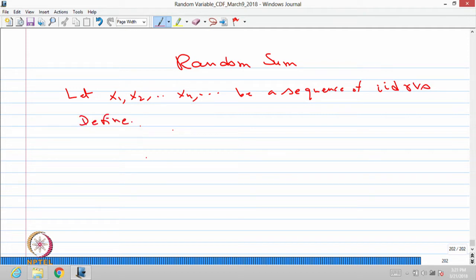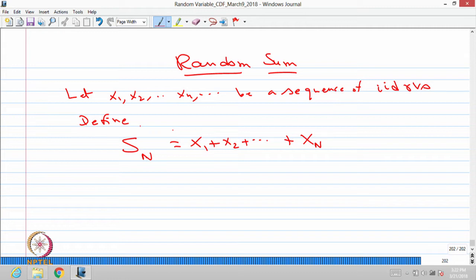Define the new random variable S suffix N, that is nothing but x1 plus x2 and so on plus x suffix capital N. I am going to define the random sum with the sequence of IID random variables, defining a random variable S suffix N as a sum of N random variables.